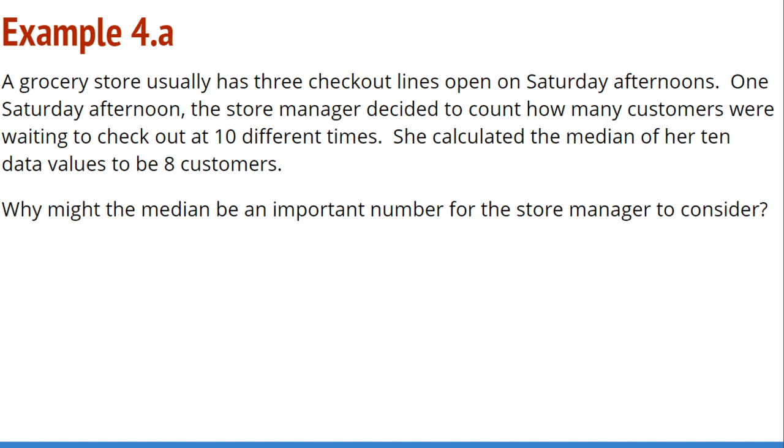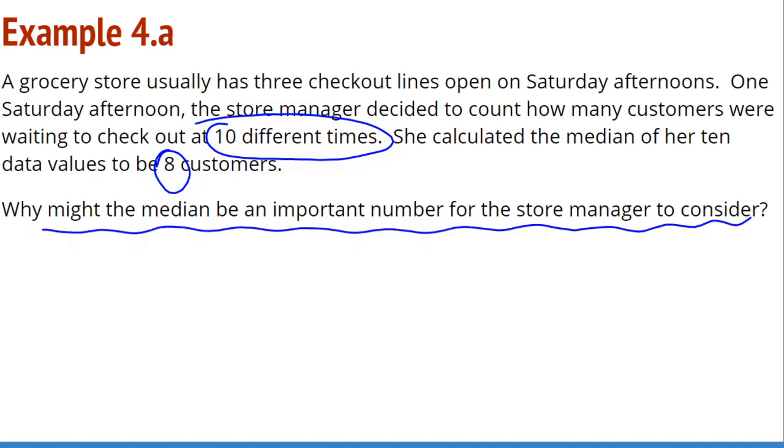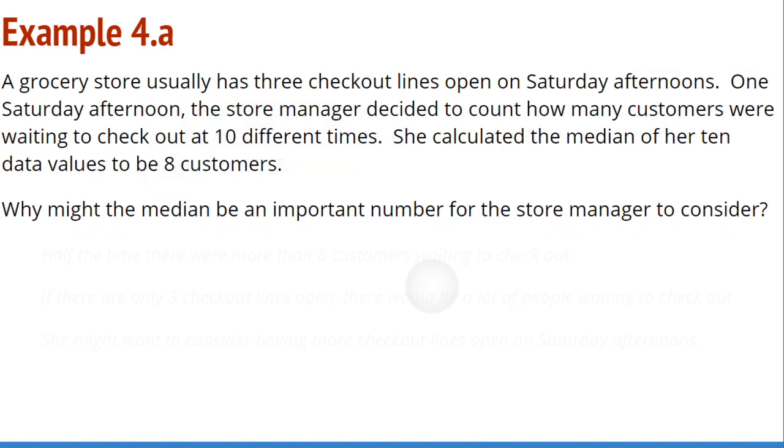Well, I'm going to check at 10 random times and see how many people are in line so I can decide if I have enough checkout lines open. So she collected her data, 10 different data points, and she found out the median was 8 customers. Now, why might the median be an important number for the store manager to consider? What is important about this median?